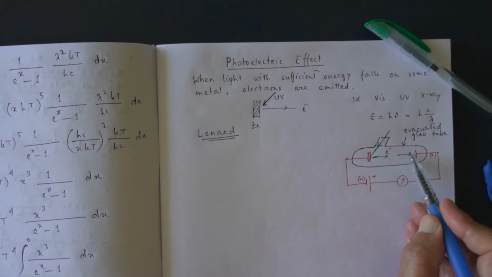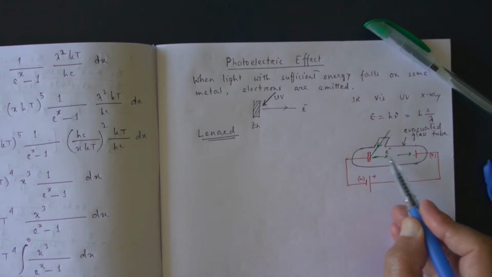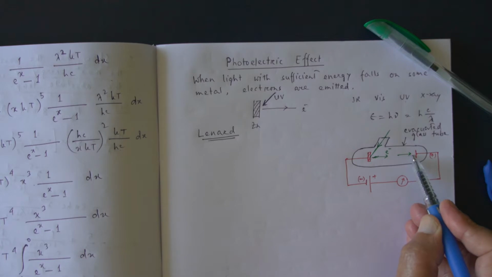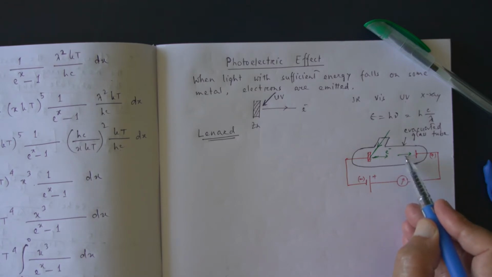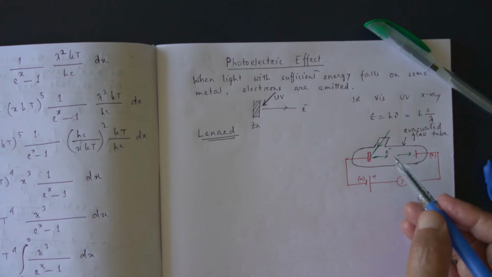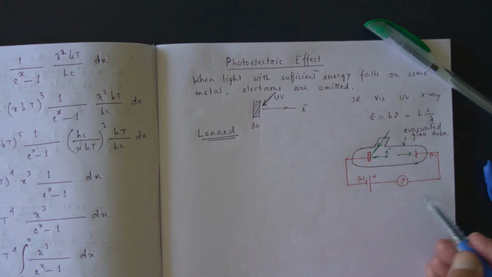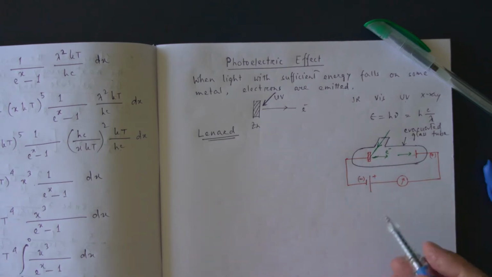And this electric current is known as photoelectric current. So this is the assembly which Leonard used to study the photoelectric effect.